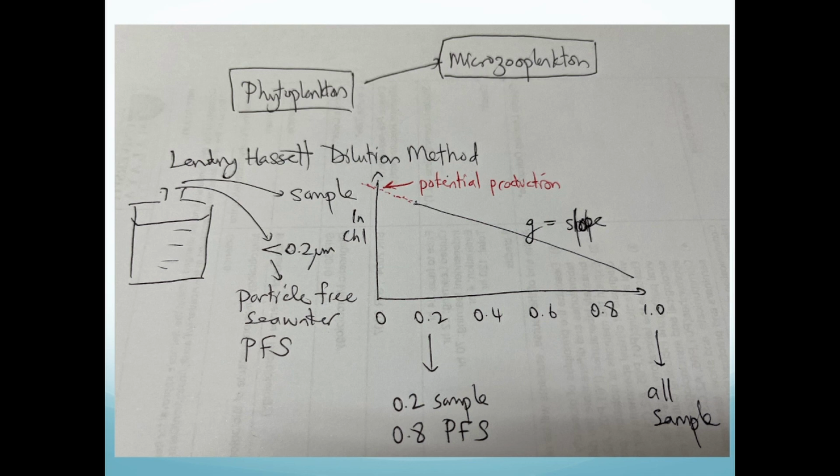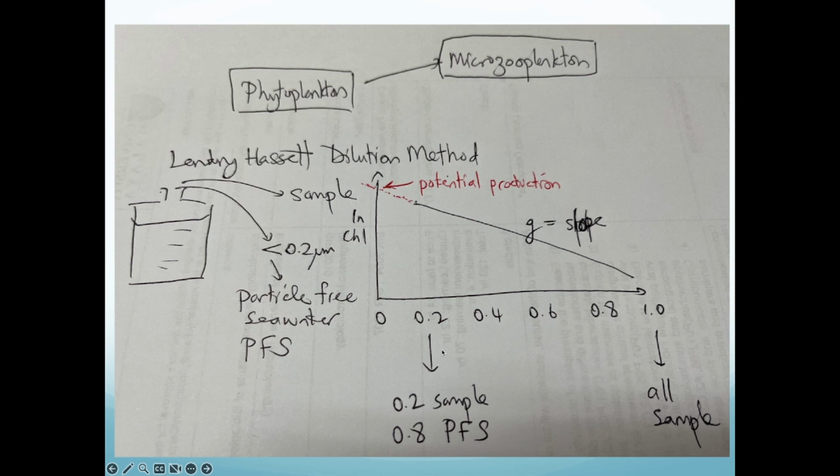So for 1.0, that means the whole microcosm is filled with the sample, whereas for 0.2, the ratio is 0.2 of sample with 0.8 of particle-free seawater.